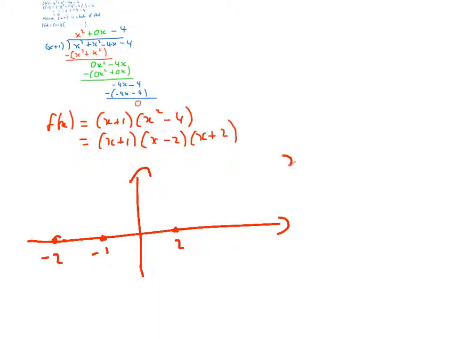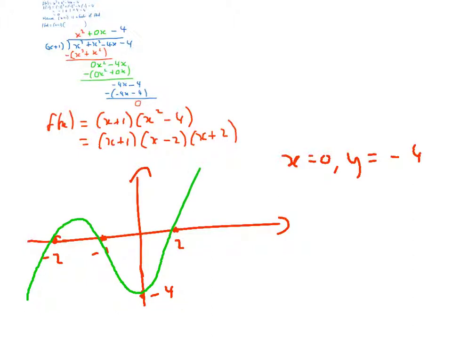At x equals 0, my y must equal 1 times minus 2 is minus 2, times 2 is minus 4. So I know it crosses here at minus 4. And then I can very quickly draw my sketch. So let's do it. So it's going to look like something like that, isn't it? And there we go. Algebraic division.